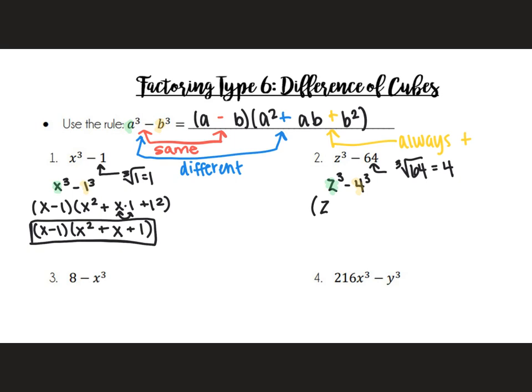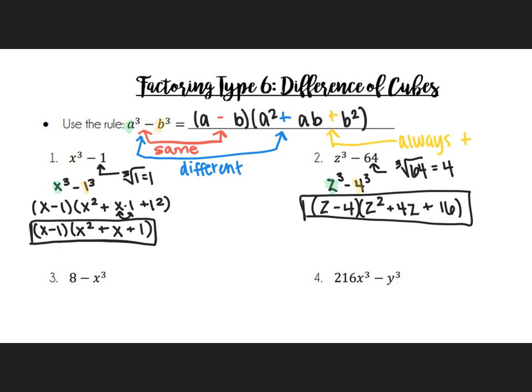So z minus 4, z squared. If at this point you're feeling comfortable and you know you're going to have to rearrange, you can go ahead and do that right away. So I know that this really is going to end up being 4z. And lastly, I know I would have 4 squared here, and I know 4 squared is 16. So if you feel like you can start doing those problems all at once, go ahead and do it.